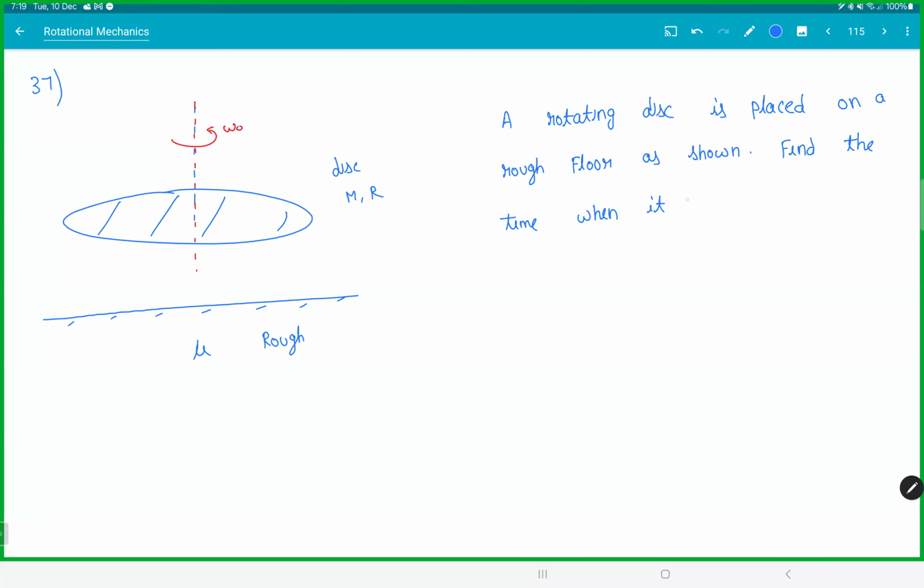Find the time when it stops rotating. Let's get this. It's a good one. We will see something like this again in viscosity and electromagnetic induction. But the idea is the same.